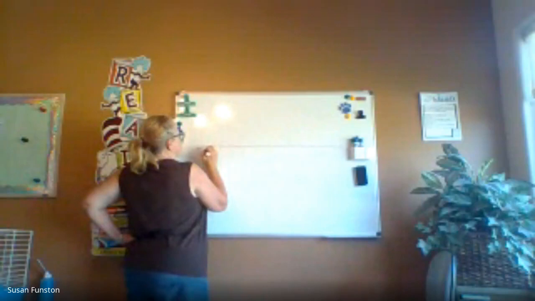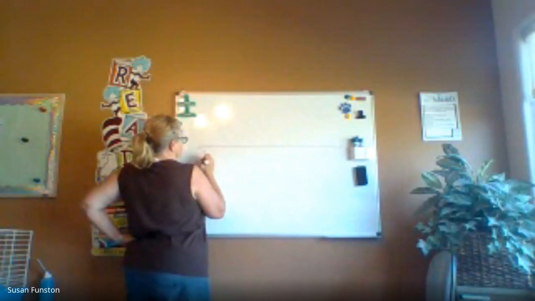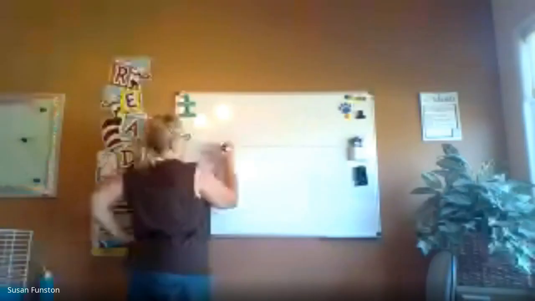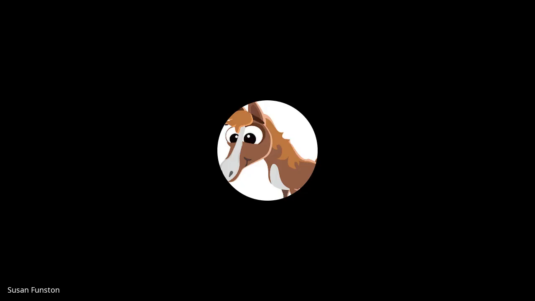So here I have 0 minutes, 5, 10, 15, 20, 25, 30, 35, 40, 45, 50, 55, 60, okay, and that shows my 1 hour because I have 60 minutes.